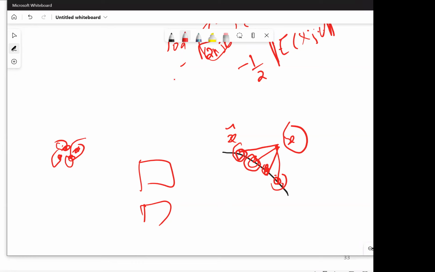No. Okay. If I consider every possible X hat, then every possible X hat is going to be considered for every training instance. You might as well throw away the training instances.